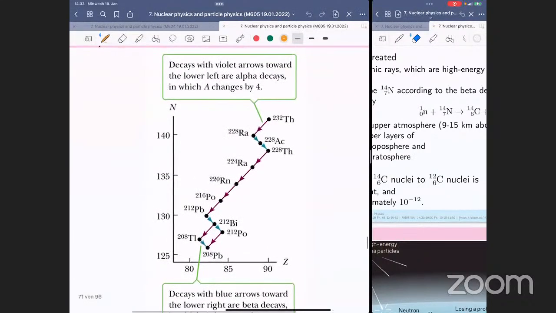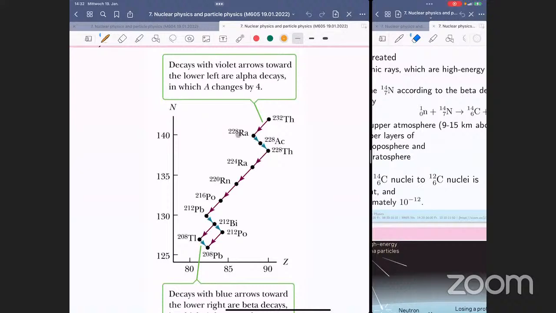You have seen the alpha decay and the beta decay. Alpha decay will decrease the number of nucleons by 4 and the number of protons by 2. Thorium 232 goes to radium 228. You could see that 232 is reduced to 228.